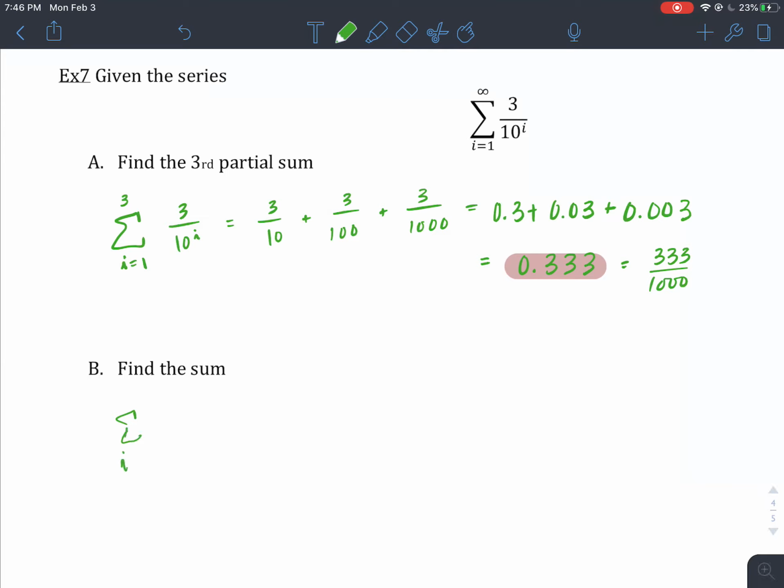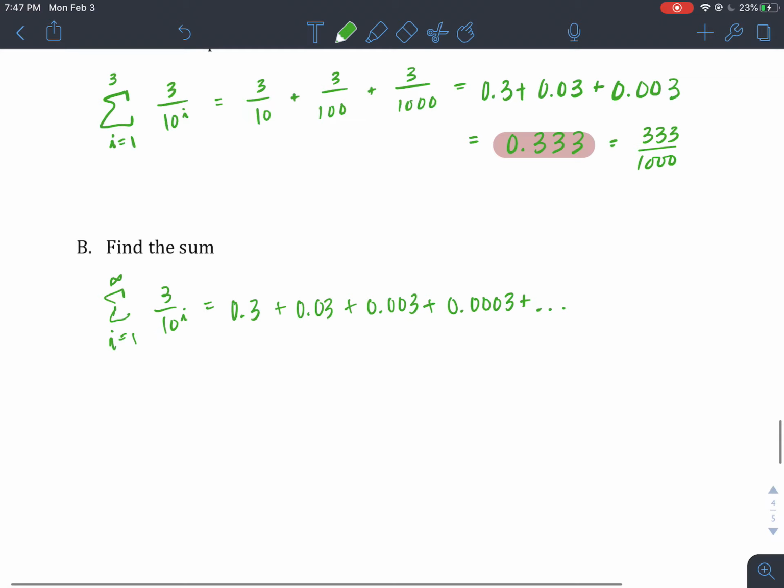If I want to do this, I'm going to start the same way, but this time we're adding up to infinity. So I'm just going to start by writing my first few terms. All right, my first term was 0.3. Second term is 0.03. Third term, 0.003. Fourth term, 0.0003 plus ... This can keep going.